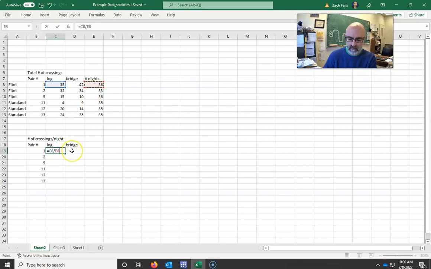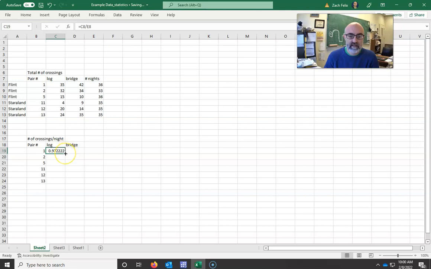Hit enter. 0.97 is saying that almost a full animal per night crossed that log. Which makes sense, passes the sniff test.